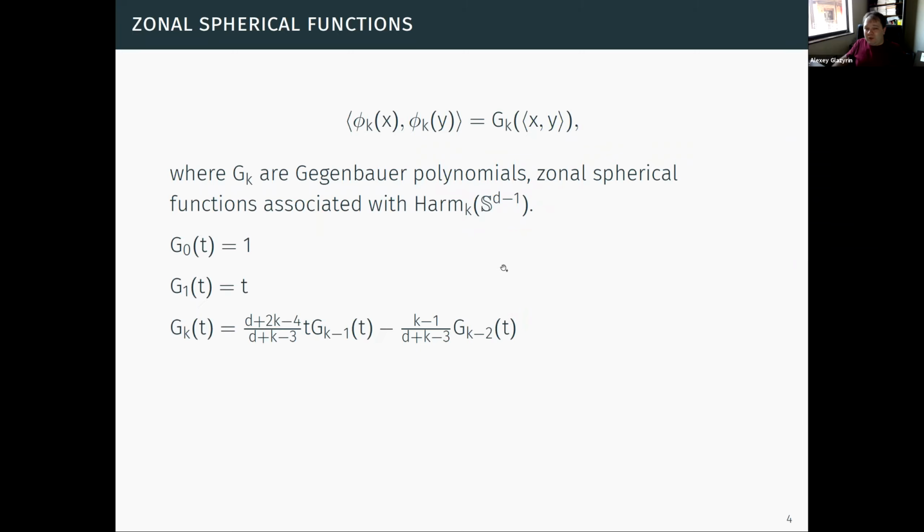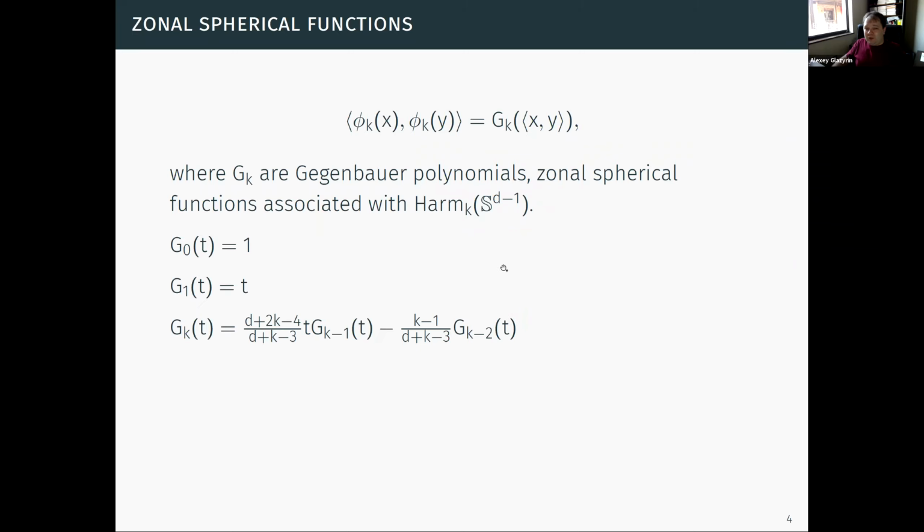We can define them recursively. These are normalized Gegenbauer polynomials because we have just talked about the value for x and x. So the value at 1 when x and x coincide should be equal to 1. So the polynomial of degree 0 is 1, the polynomial of degree 1 is t, and there is an explicit recursive equation where you can get all the polynomials of higher degrees starting from the first.